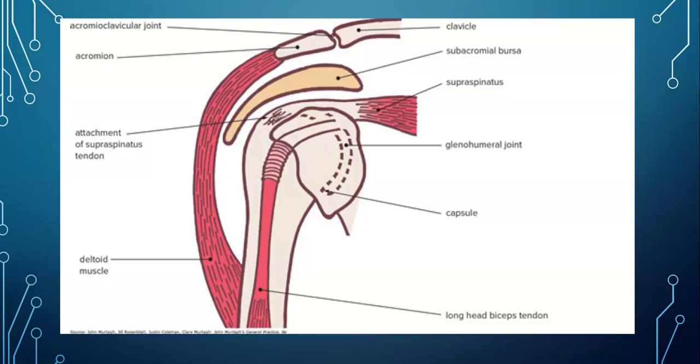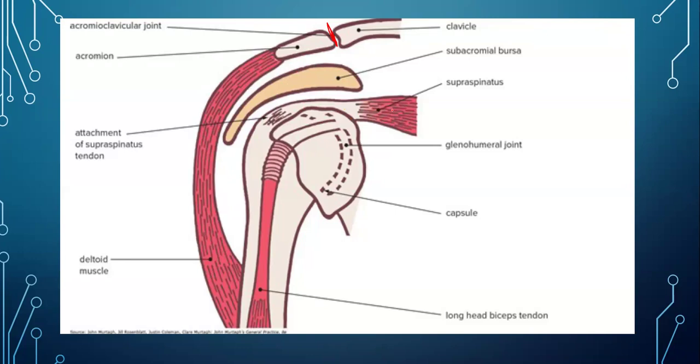That's called the AC joint, the acromioclavicular joint. Just below the acromioclavicular joint, you have the subacromial bursa, and this is the supraspinatus tendon, the main tendon which helps with arm abduction, or shoulder abduction, which means raising the arm to the side.